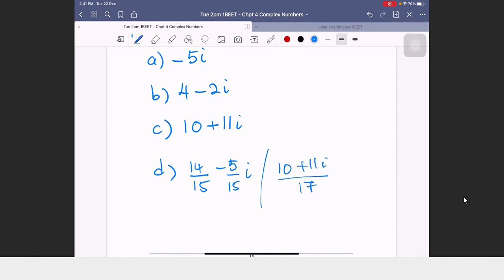Okay, any more different answers? Anybody else got a different answer? Say again, Ukasha. 10 minus 5i over 17.